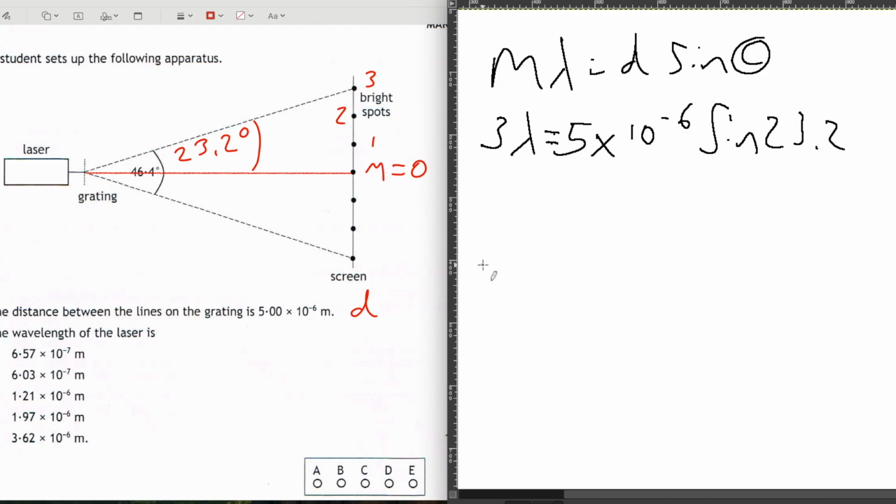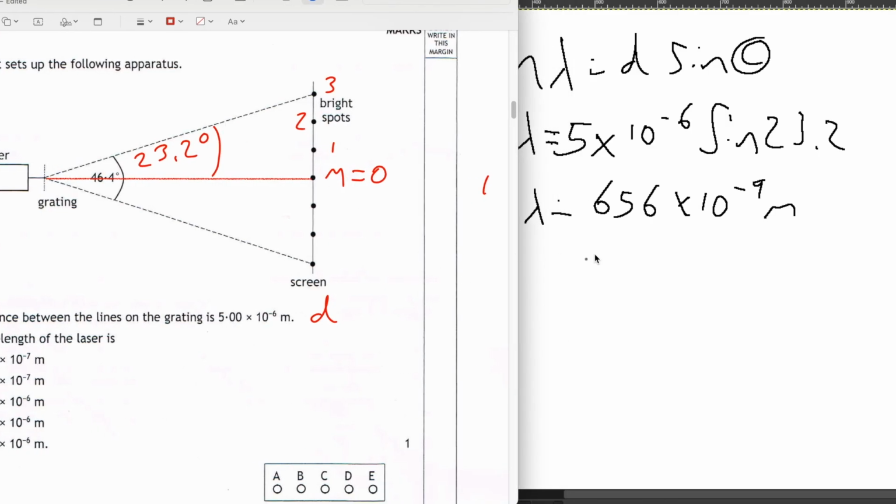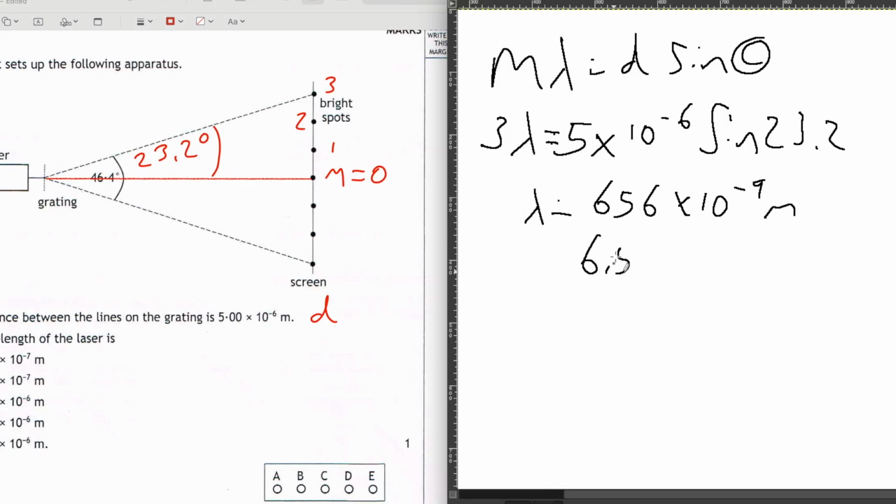You use your calculator and you should get that lambda is 656 times 10 to the minus 9, also known as 656 nanometers, or 6.56 times 10 to the minus 7. And that is your answer.